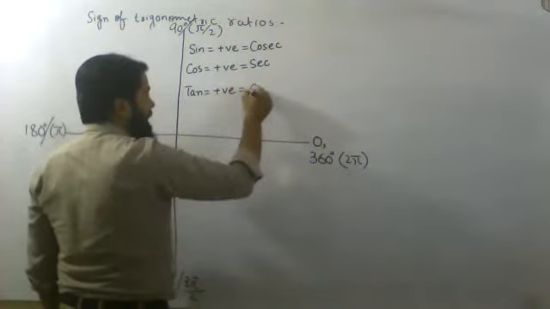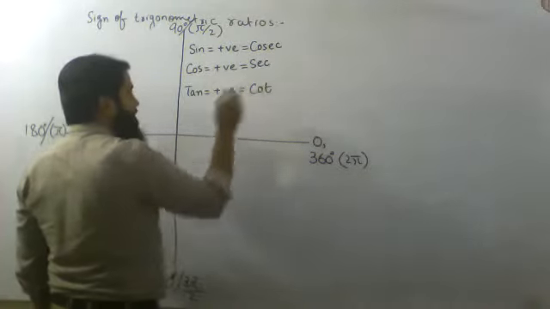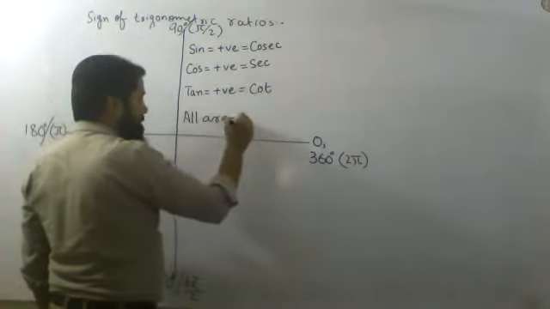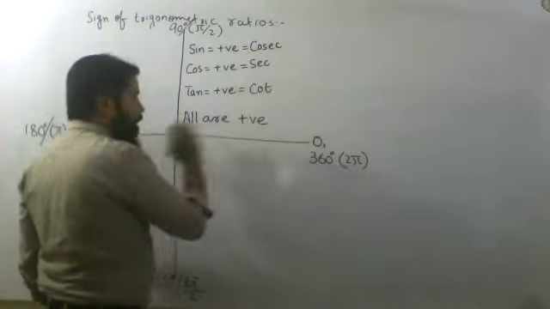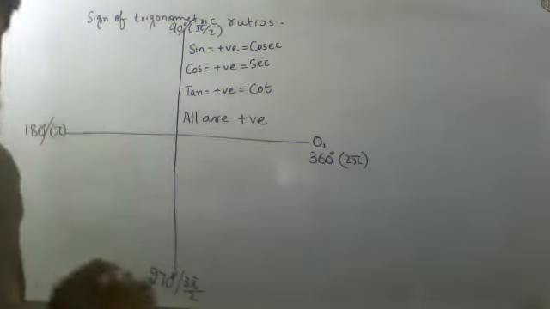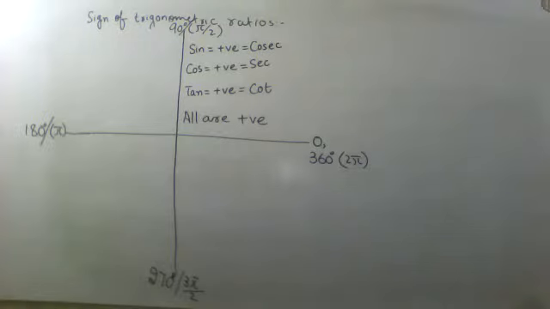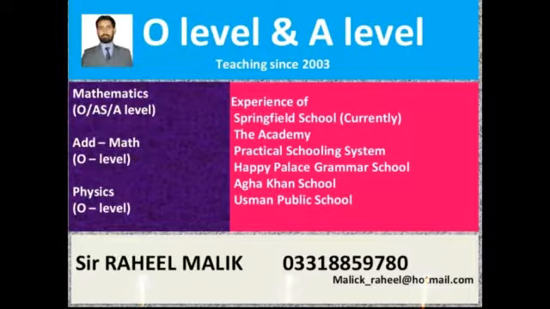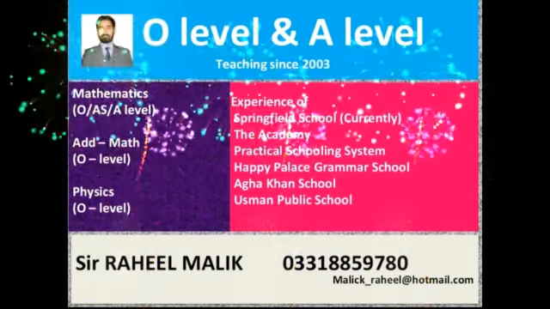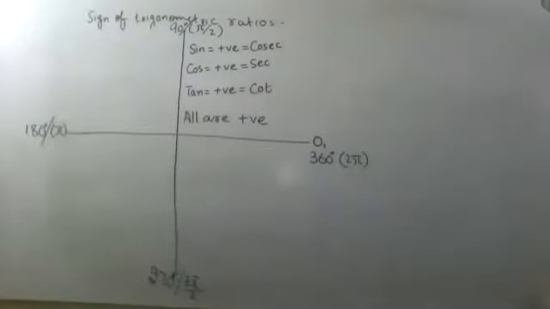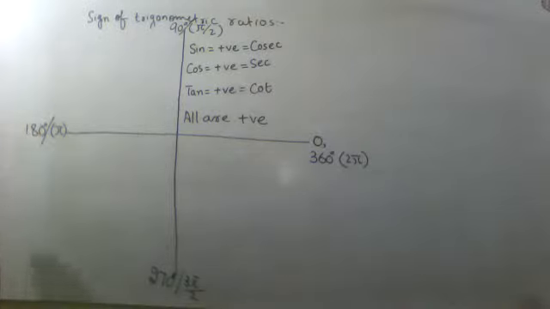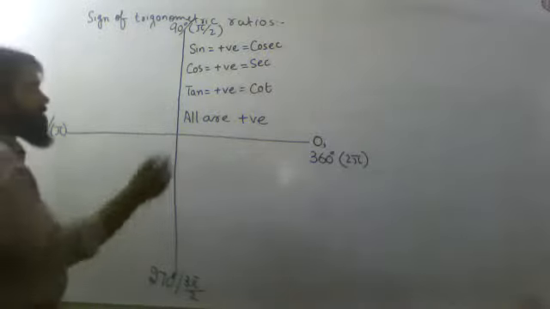So it means that in the first quadrant, all trigonometric ratios are positive.